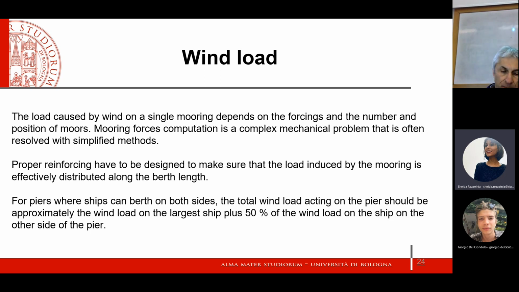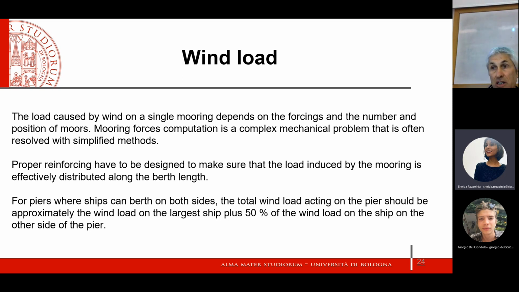We are not discussing this in detail, but there are also some strategies, some design regulations that have to be adopted for the placement of the single mooring point and the design of the close neighbor in the berth structure of the mooring points.